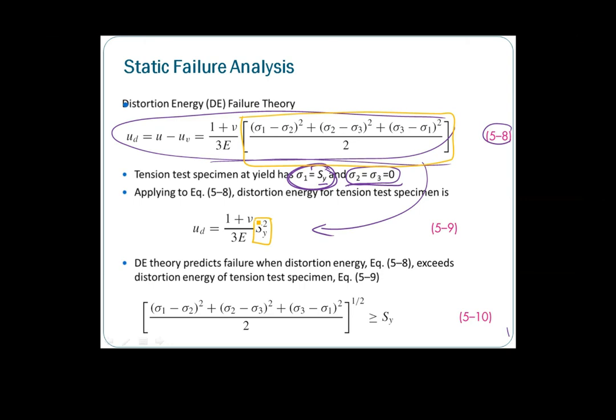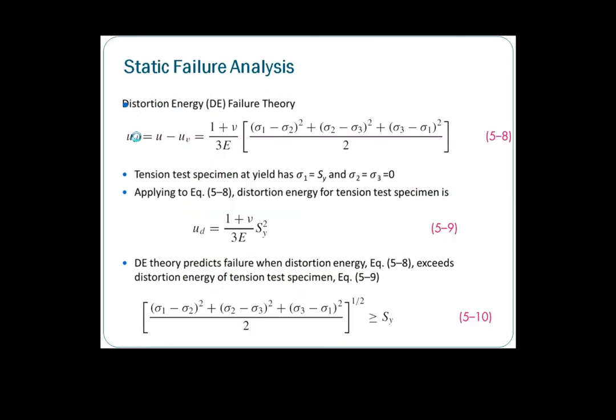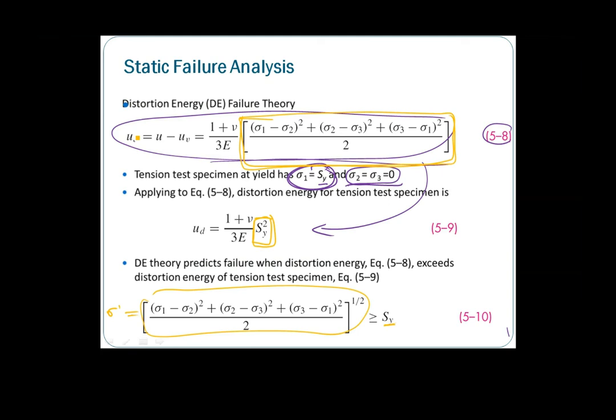If this is larger than this itself, then failure will happen. In other words, if the square root of these components is larger than your yield strength, then failure will happen. So this itself is our equivalent stress. The equivalent stress, or von Mises stress, is what you have seen from here, and it comes from your distortion strain energy.